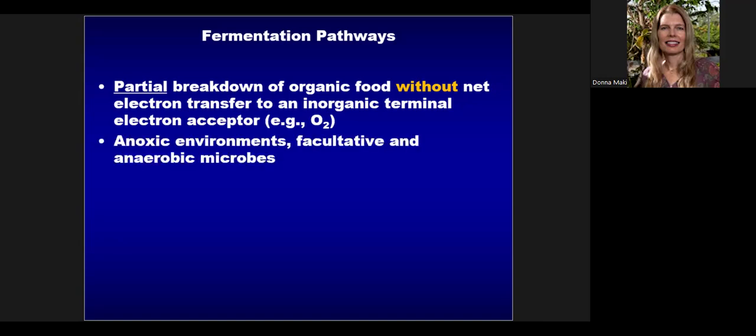You also see fermentation happening in anoxic environments where there isn't oxygen available. And so the types of microbes that can handle those conditions are either facultative anaerobes. Facultative means they can work with oxygen if it's available, and they're happy to do so. But if their environment starts to go anoxic, they'll switch to something else.